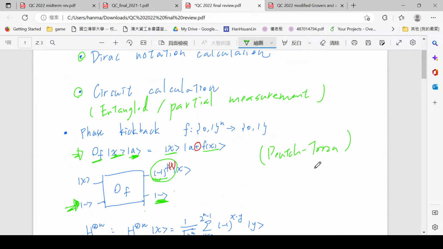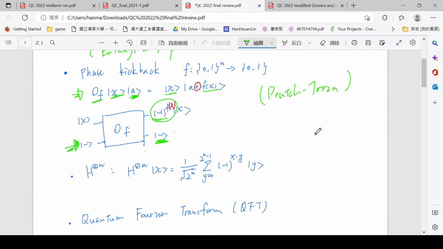Another very useful property, which we used when we were talking about Deutsch-Jozsa's algorithm, is this Hadamard to the n operation. It's a very quantum operation, like a quantum generalization of making a uniform distribution.